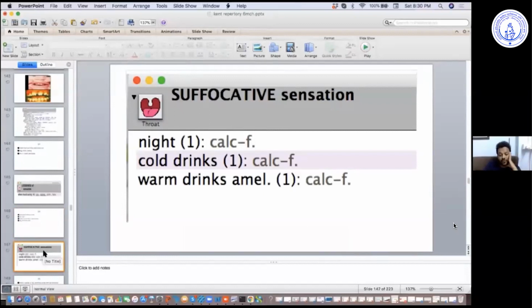Dekho, Calcarea fluor. Can you imagine? Did you ever think Calcarea fluor in this rubric? Hello? Anybody home? Did you imagine this remedy here? Oh, it will broaden your vision, I told you.